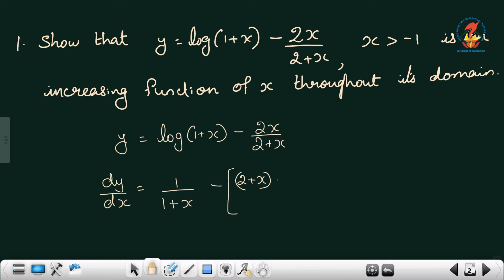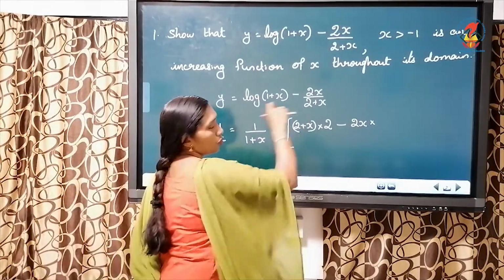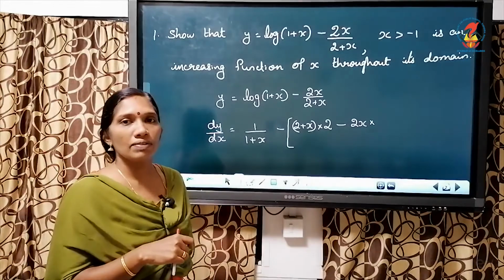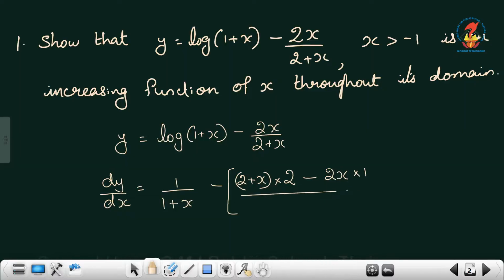What is the derivative of 2x? 2. Minus numerator into derivative of denominator. Denominator is 2 + x. What is the derivative of 2? 2 is a constant, its derivative is 0 and x derivative is 1. Then by (2 + x) whole square, the denominator square.